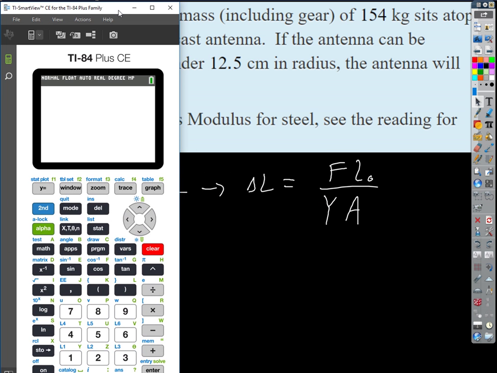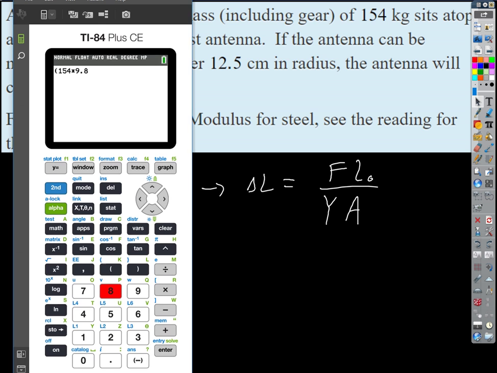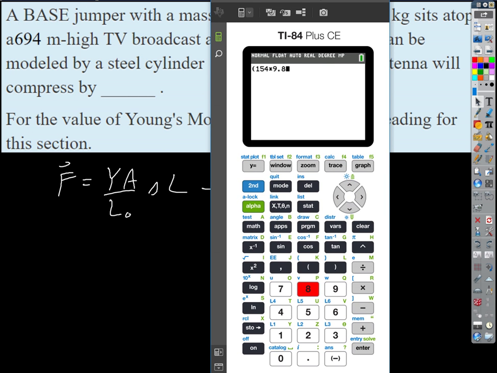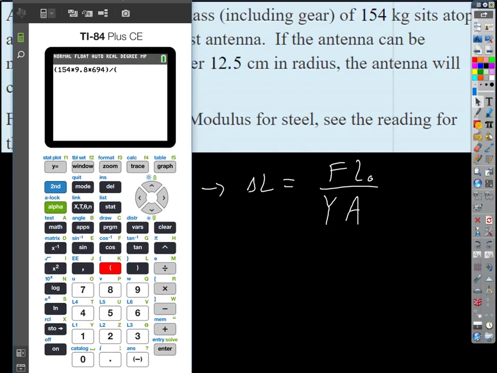Okay, so we've got the quantity 154 times 9.8, times the initial length, 694 meters, we're all in standard units, divided by the quantity 210 times 10 to the 9.